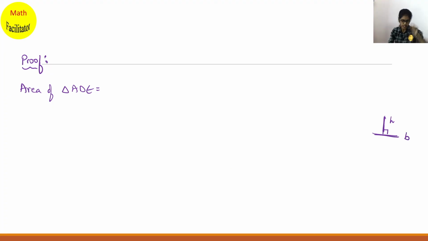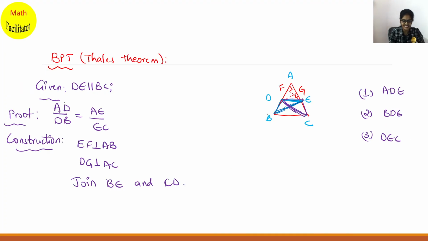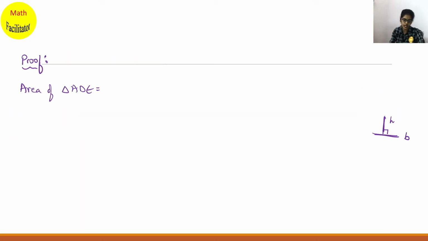We have drawn perpendicular EF onto the side AD. So base is AD and perpendicular is EF. So this is one area.